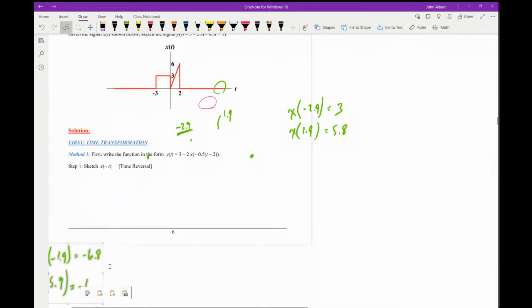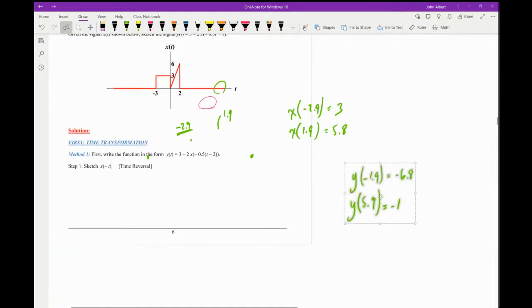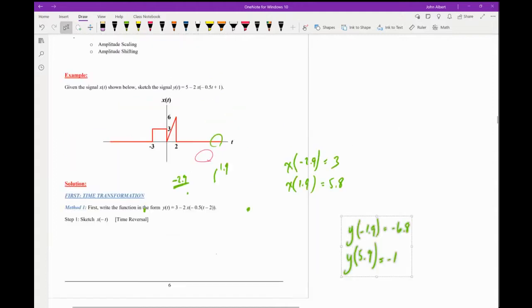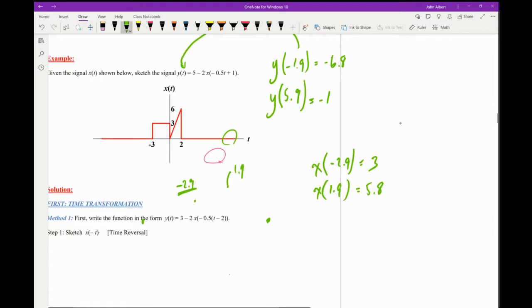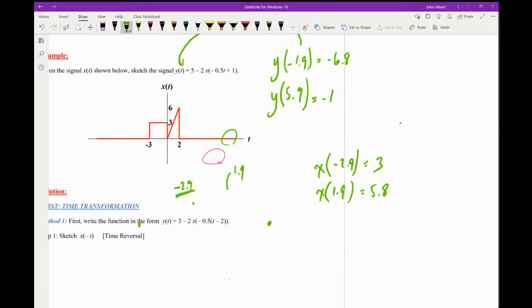What did I do? I hope I didn't mess up things. Right, I know. So those are the values of y at 2 points. Now, theoretically, if I plug in 1.9 in there, let me take the 1.9 and plug it there. So y of minus 1.9, based on the relationship between y and x, what should I get?